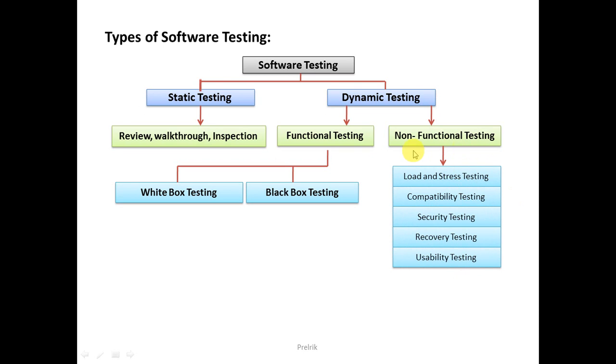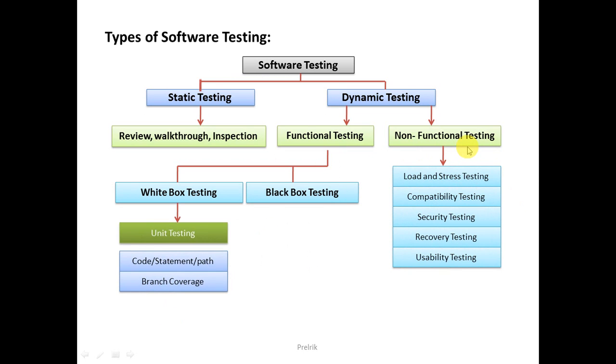Here it's explained non-functional, but we'll come to that part later. First we are going to see white box testing. Unit testing is a part of white box testing because it applies on the coding level. In unit testing, a unit tester will see that each unit or each piece of code is working as expected. How can we achieve unit testing? You can achieve it by statement coverage, path coverage, branch coverage and code review.